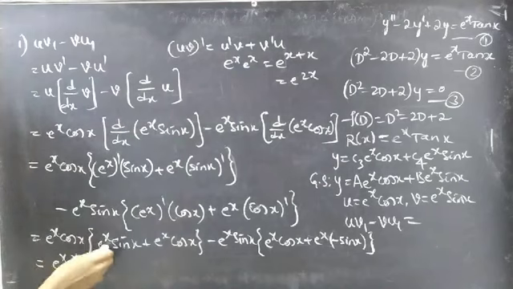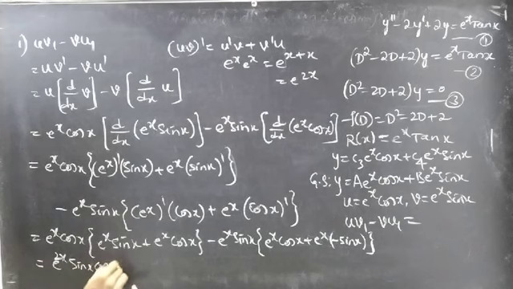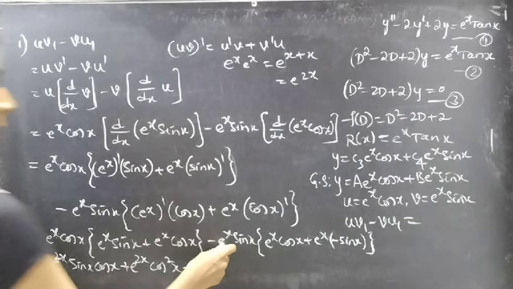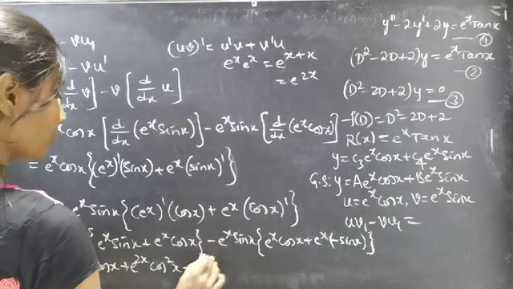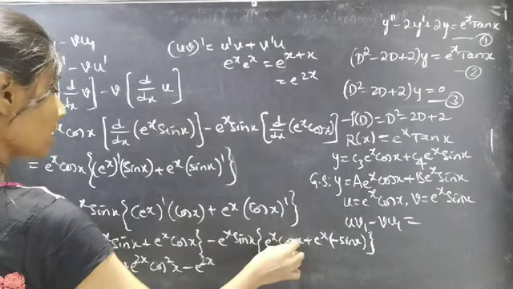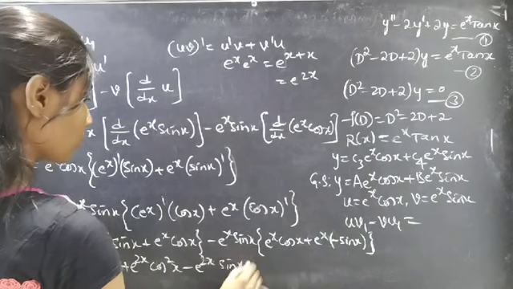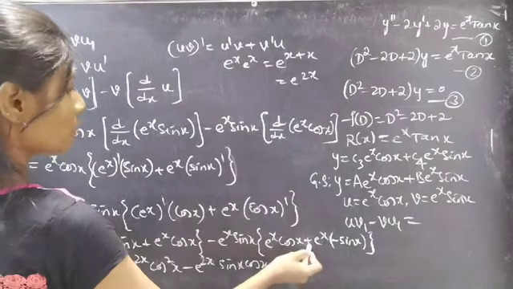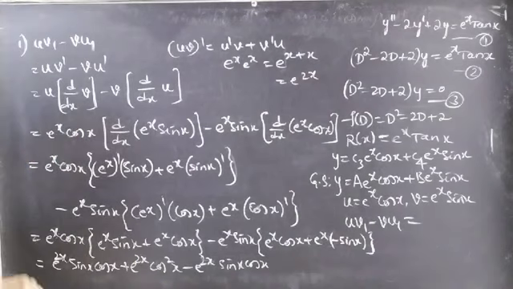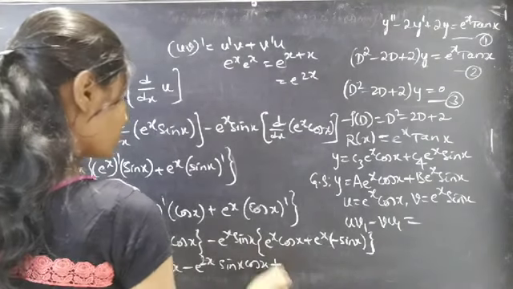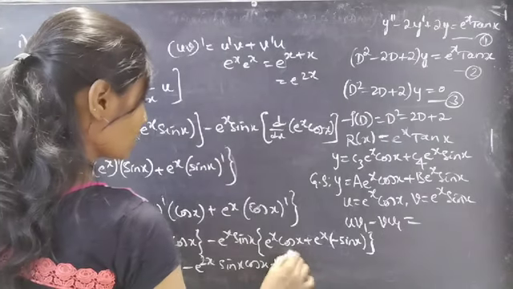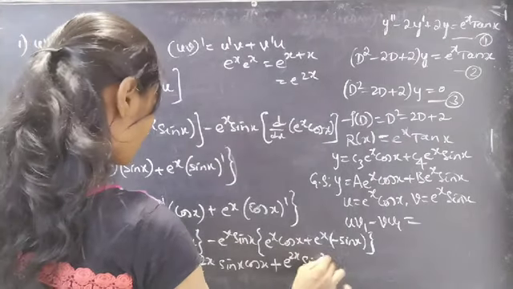So we write e power 2x sin x cos x plus e power x into e power x, e power 2x cos x into cos x, cos square x, minus e power 2x sin x cos x, minus into plus is minus, and minus into minus is plus, e power 2x sin x into sin x, sin square x.